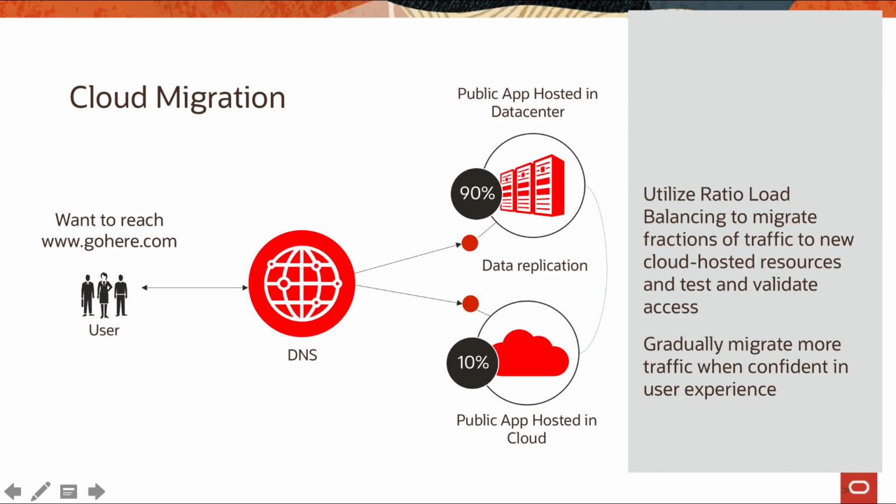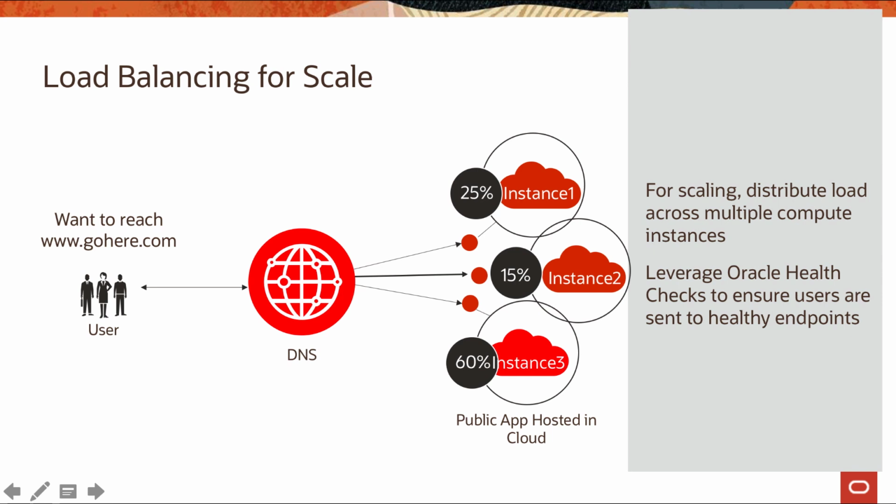So for instance, if you're migrating your application to cloud and you still want to have 90% of your data being sent to your on-premise primary site, and just to test things out, you want to send 10% of your client requests to the public cloud. So you can do so using the load balancing traffic management policy within the DNS service.